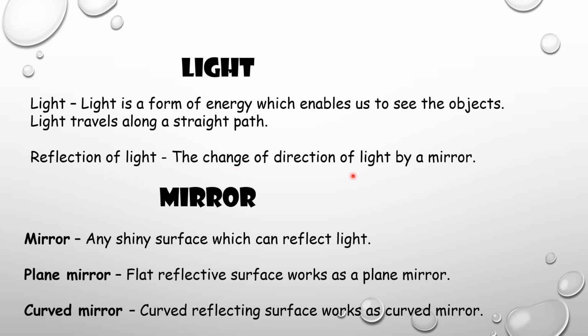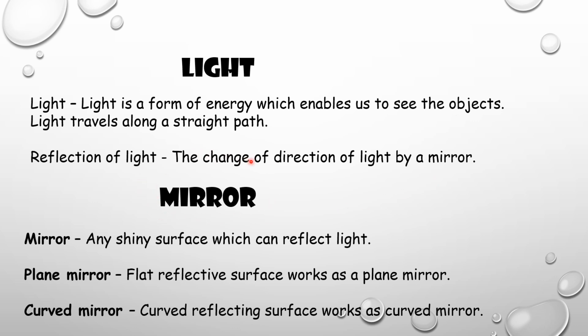The change of direction of light by a mirror, or any polished surface. When light falls on any mirror or any polished surface, that light comes back. So that bounce back of light is called reflection.